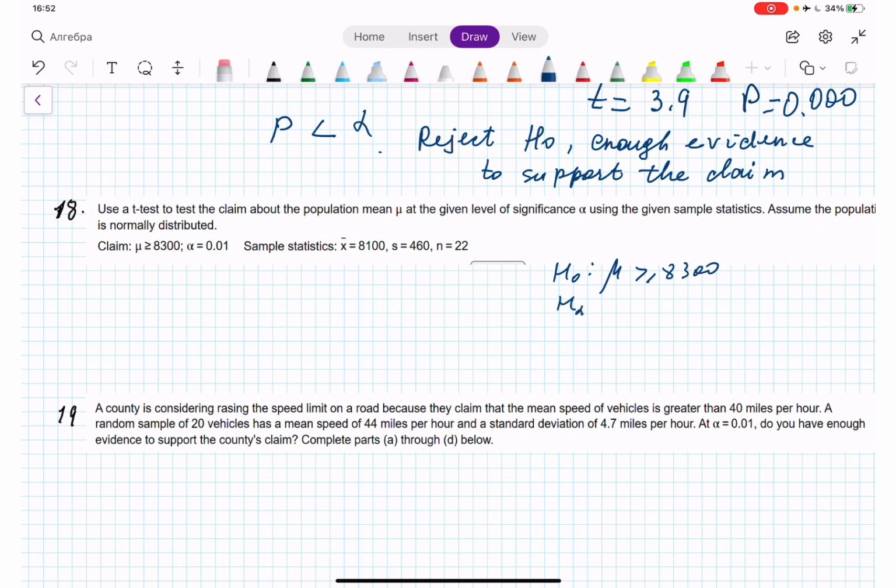Accordingly, the alternative is mu is less than 8,300, and the null hypothesis is our claim. Sample statistics: X bar is 8100, S is 460, n is 22.